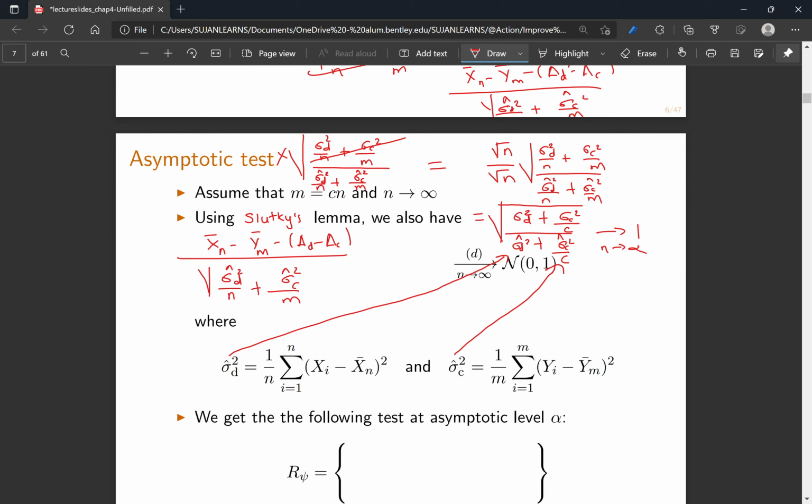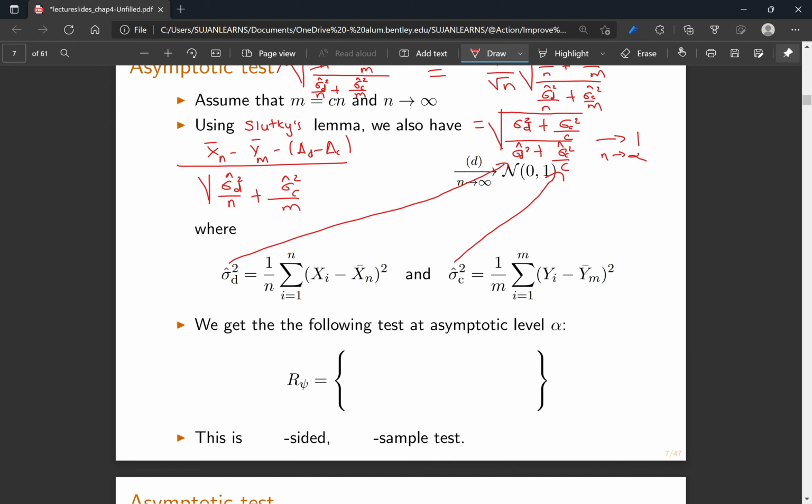Now we'll take one step further and see how we can use this asymptotic statement to create a test. Tn is a test statistic that we have.